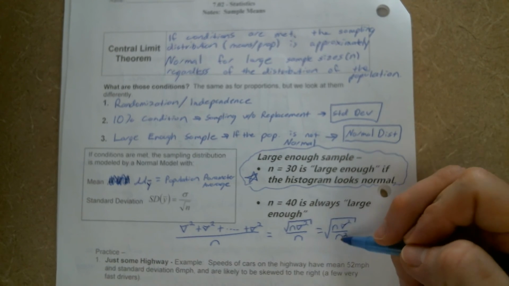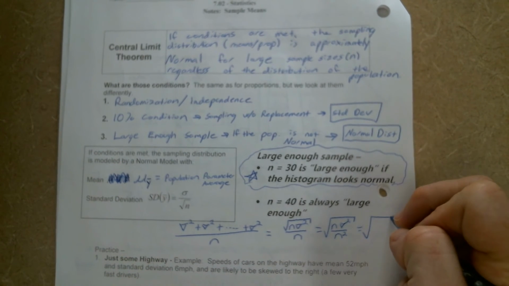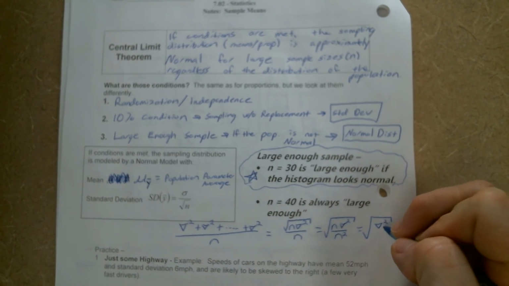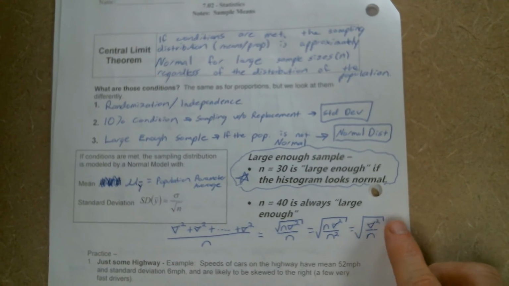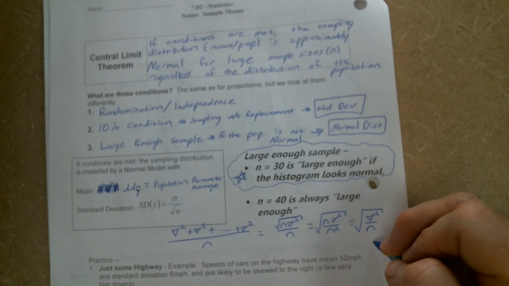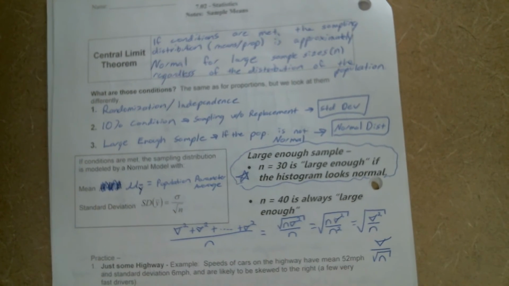Now, these will cancel out. One n will cancel out with one n down here. That leaves me with the square root of the variance over n. And I could actually take the square root of the top there and just be left with the standard deviation over the square root of n.